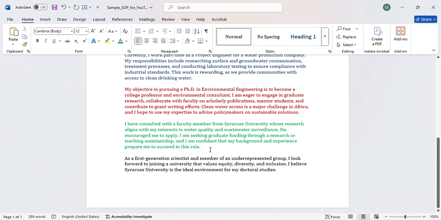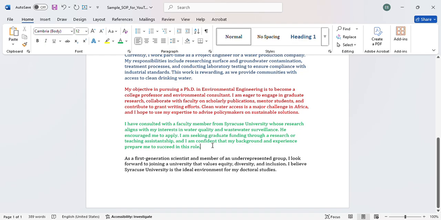Okay, so if you are applying to a research intensive university and you don't mention at least one or two professors in your SOP, I don't think it is ideal.